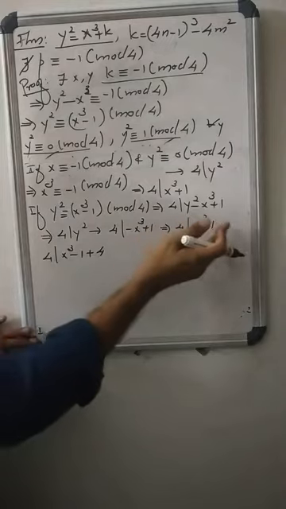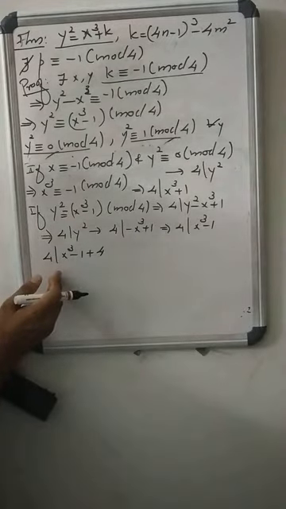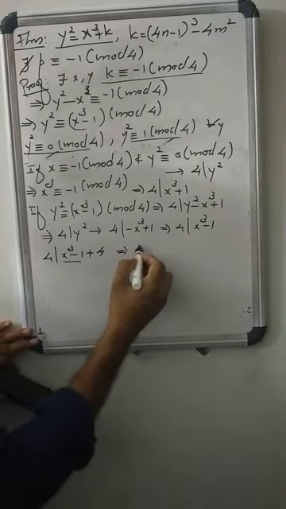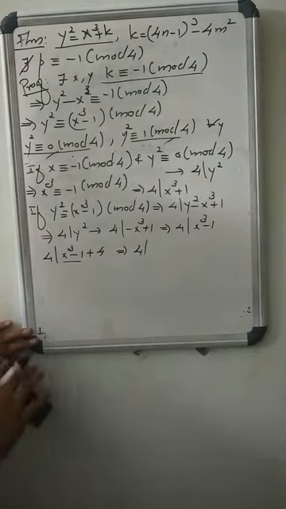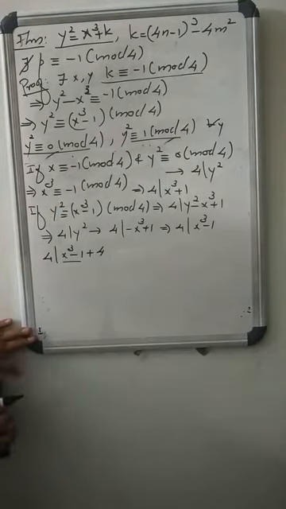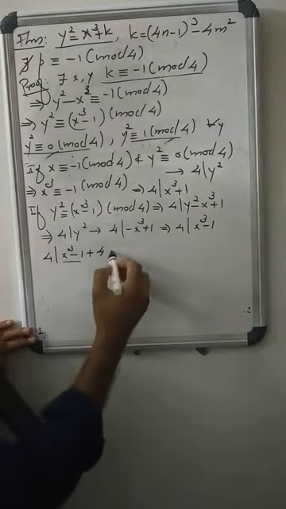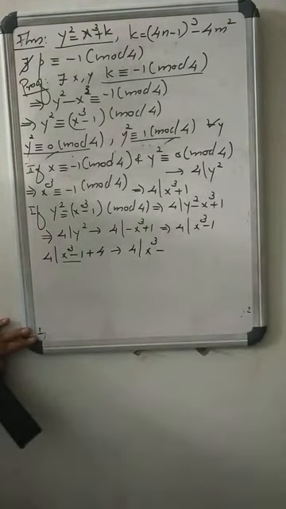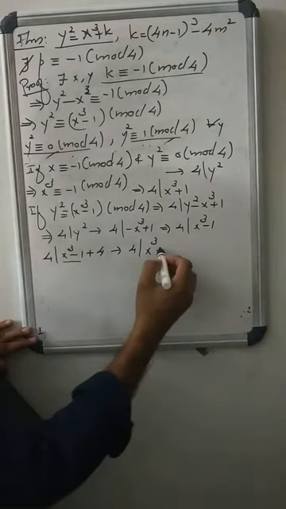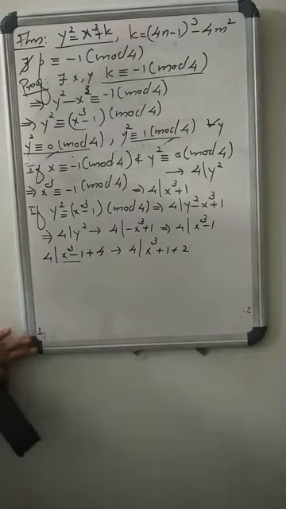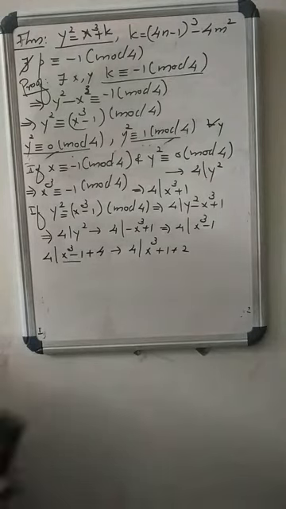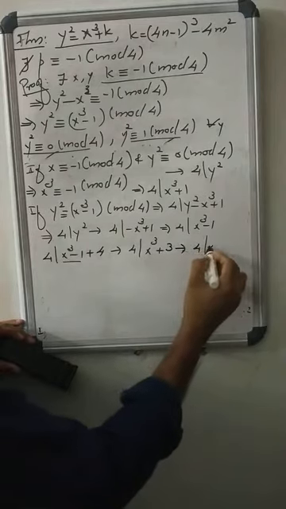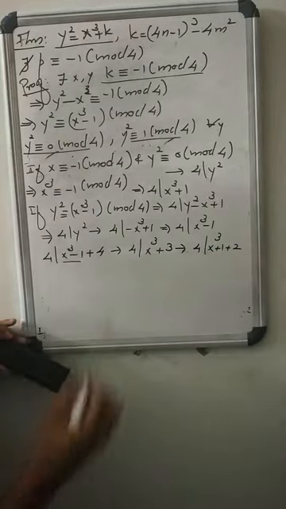So 4 divides x cube minus 1 implies 4 divides x cube minus 1 plus 4, that is, x cube plus 3. That can be rewritten as 4 divides x cube plus 1 plus 2.